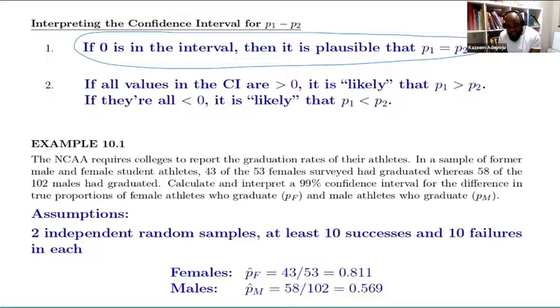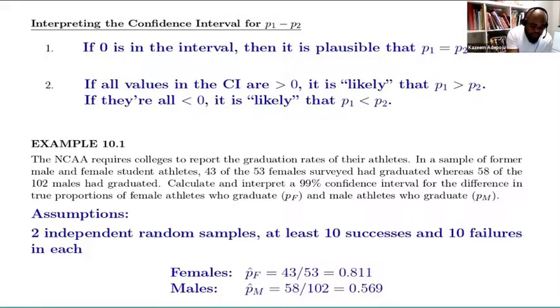When the confidence interval contains zero, there is no significant difference. The difference exists, but it can be attributed to chance variation. So the difference is not significant.